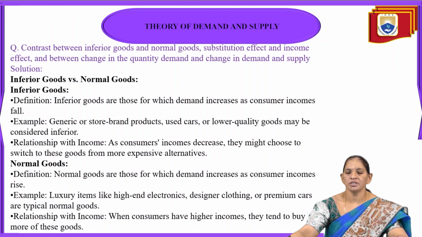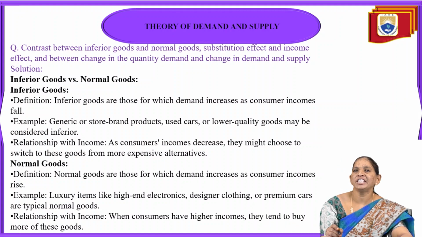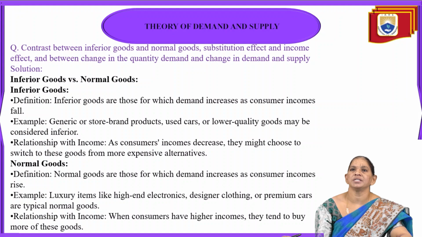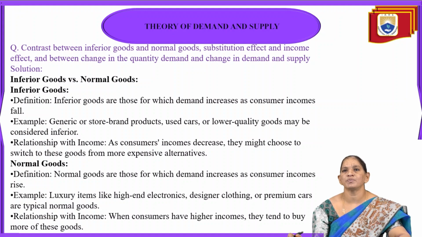And the next question, where we can have the contrast between inferior and normal goods, which are having the substitution effect, income effect, and between the changes of quantity demanded, and changes in demand and supply. Means the differentiation should be done for the inferior and normal goods, and what happens in case of substitution, income changes, or quantity or supply changes.